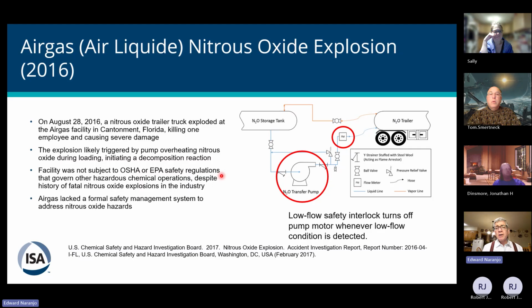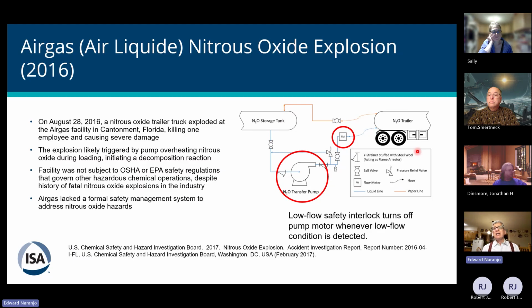But under the OSHA process safety management standard, facilities must have a threshold of inventory of combustible or toxic materials in order to fall under the PSM standard that requires a number of different activities, including a process hazard analysis, which anything of this nature should have required.